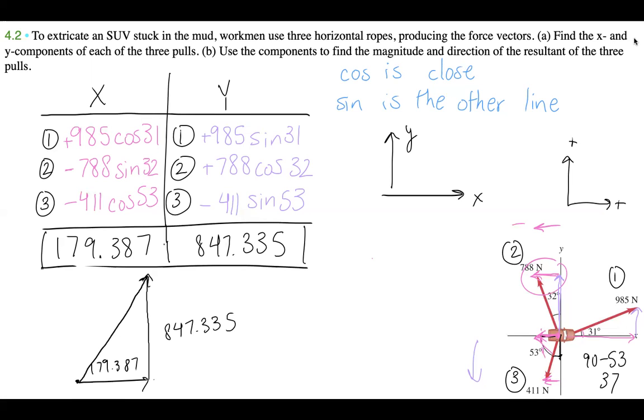Okay, so now we're going to use Pythagorean theorem. We want to find out what this resultant vector is, right? So to find this, let's just call this x, right? So x is equal to Pythagorean theorem, so 847.335 squared plus 179.387 squared, and then we're going to square root the entire thing.